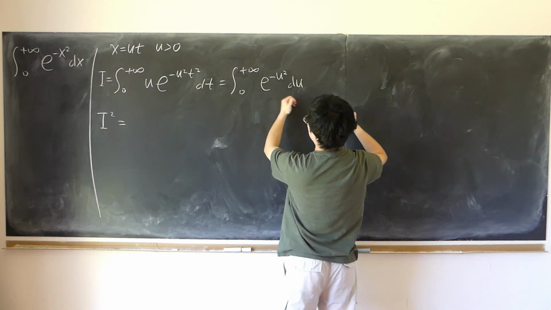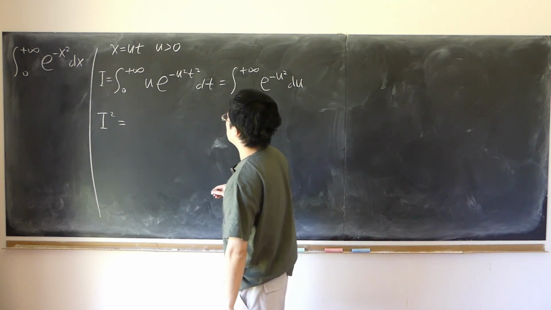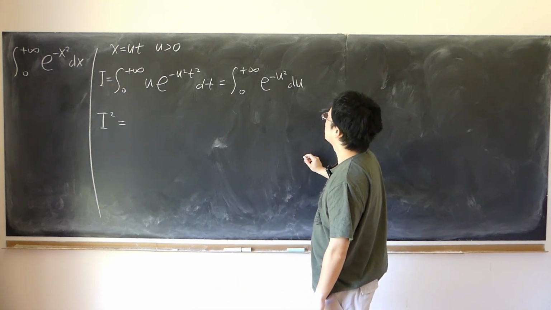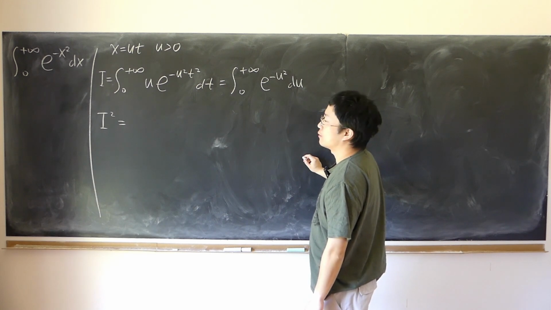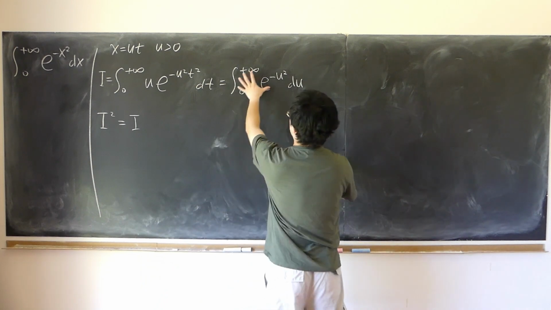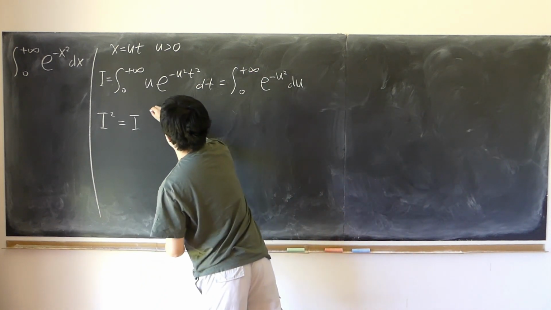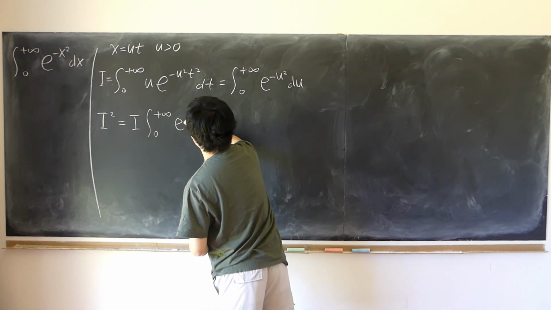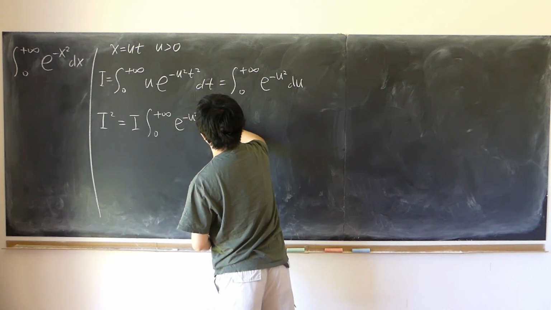Still the same thing. So how do I want to calculate I squared? I want to say I times this thing. Still the same thing, 0 to positive infinity, e to the negative u squared du.